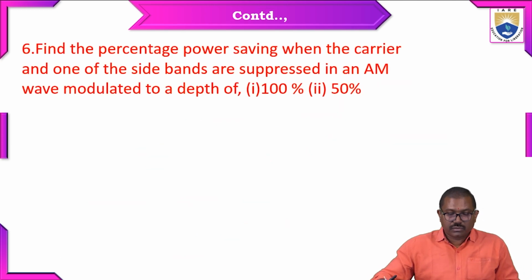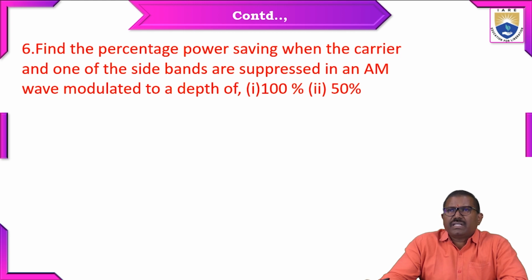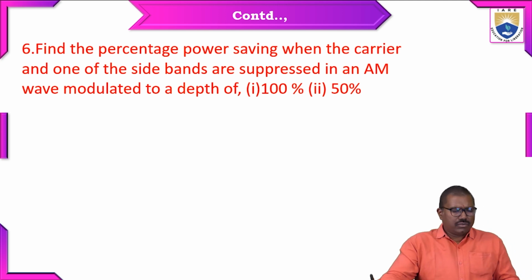Coming to another problem, 6.1. Find the percentage power saving when the carrier and one of the sidebands are suppressed in an AM wave modulated to a depth of 100% and 50%. Why?